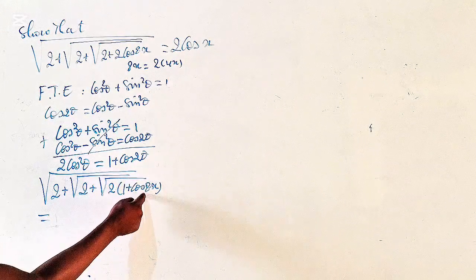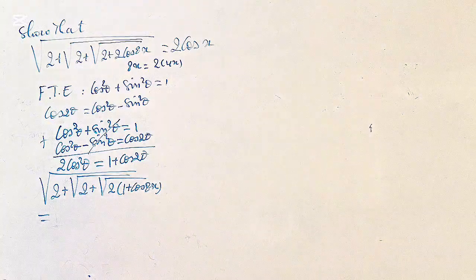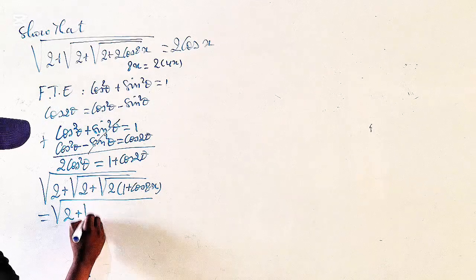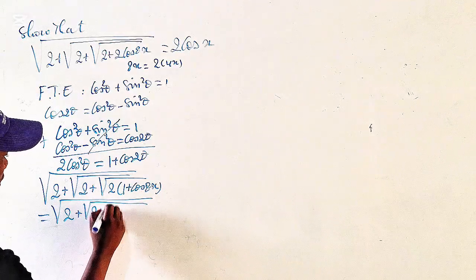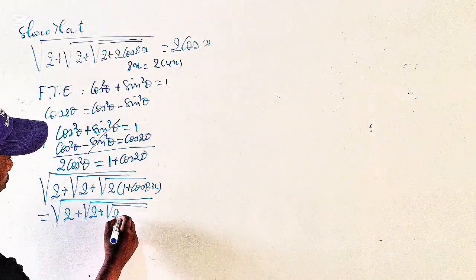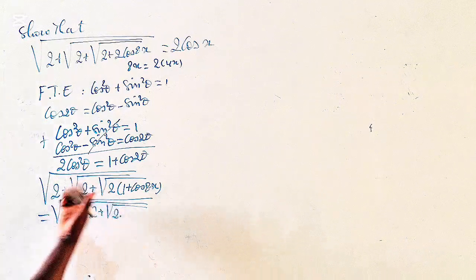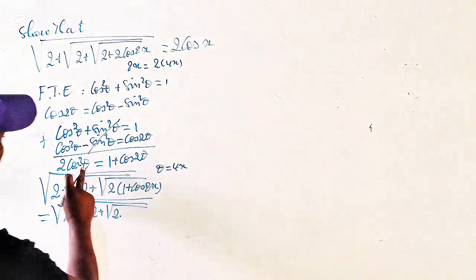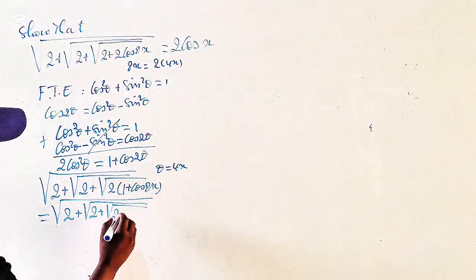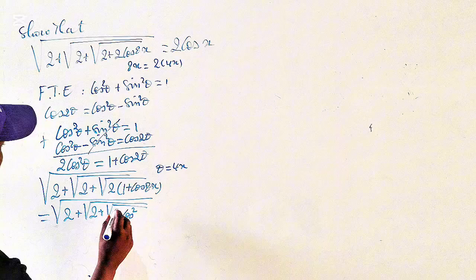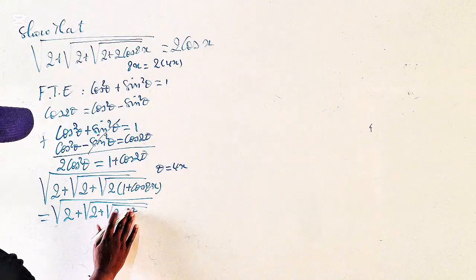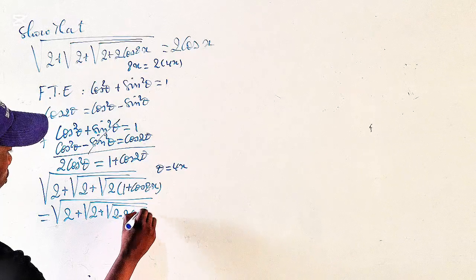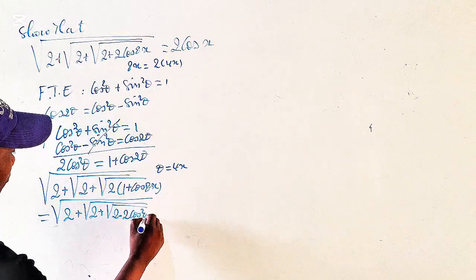That is to say our theta is 4x here. Now we have the square root of 2 plus the square root of 2 plus the square root of 2 times 2 times cosine squared of 4x.